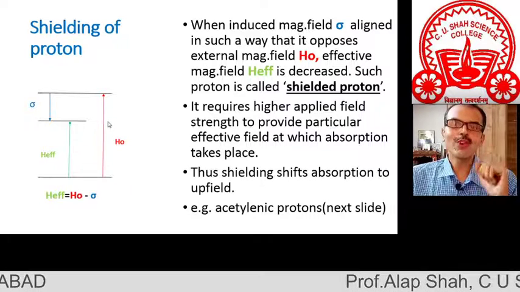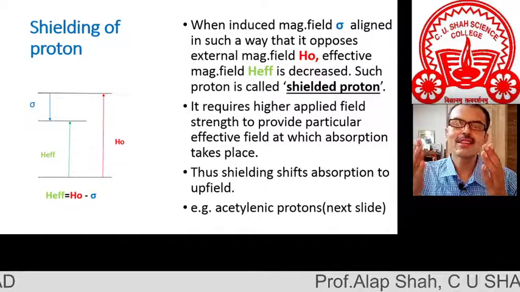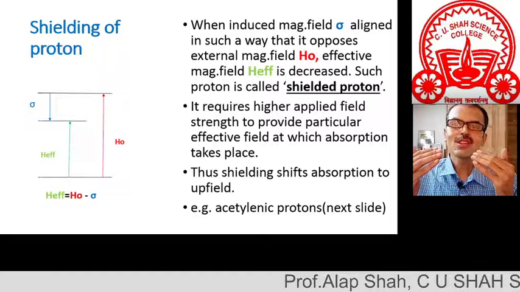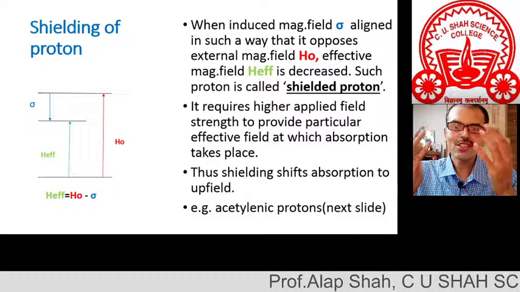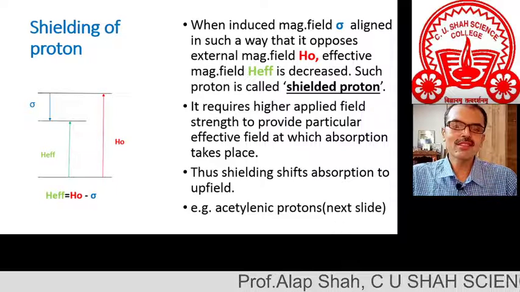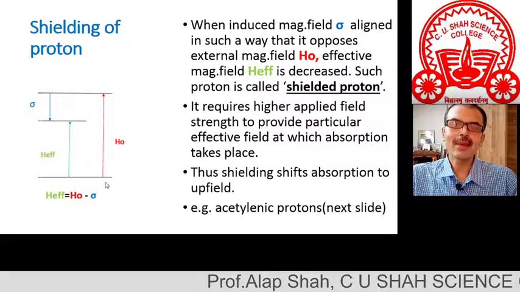I hope now you understand. This, friends, is the meaning of shielding. Since sigma is opposing H0, it creates a shield around the proton, so the proton experiences a lesser amount of magnetic field than the applied magnetic field.